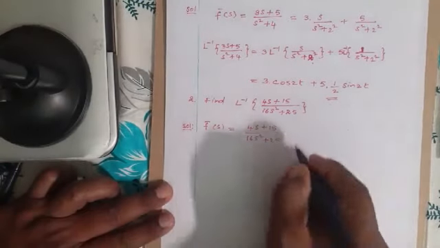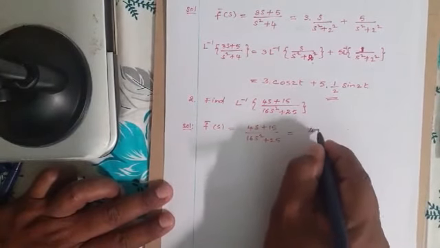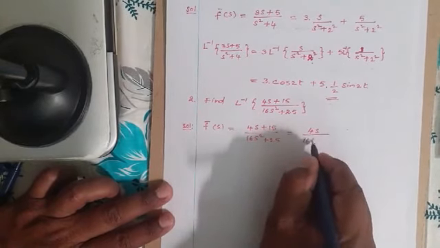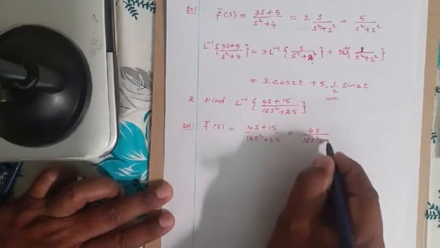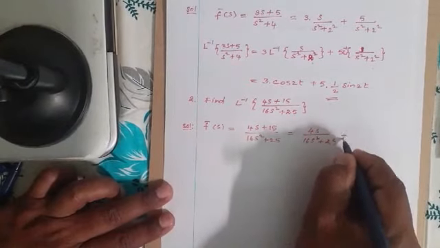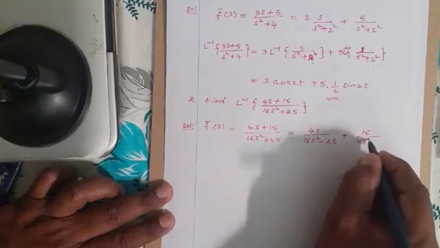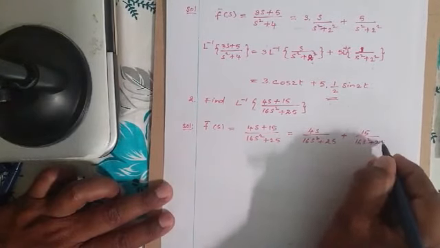So this can be written as, I am writing this separately, 4s upon 16 s square plus 25, plus 15 upon 16 s square plus 25.